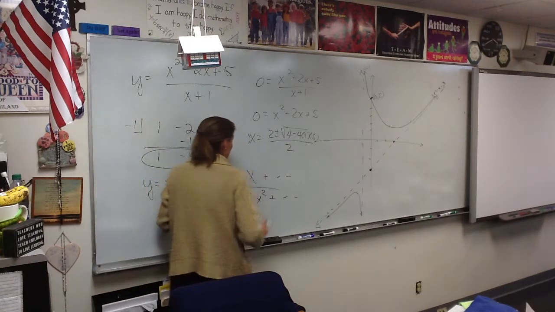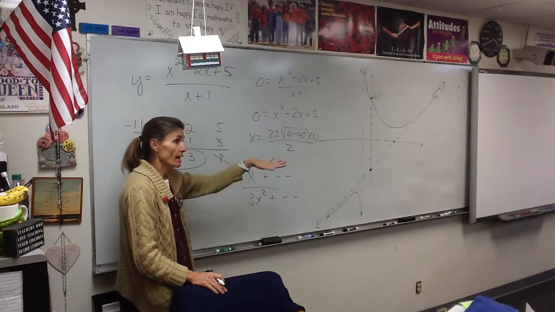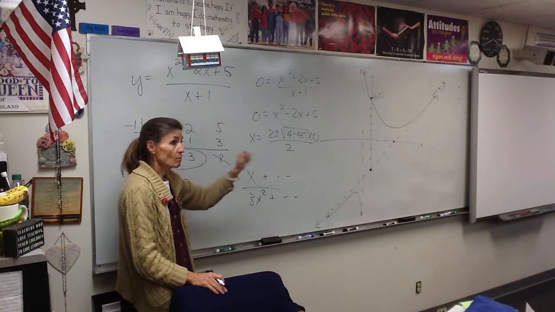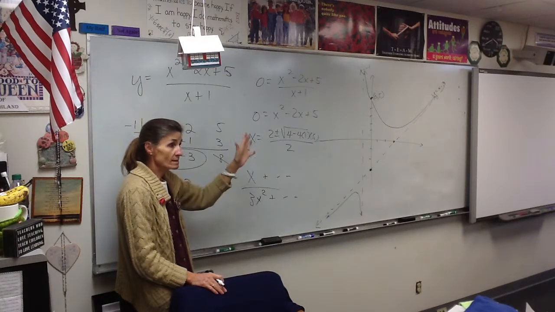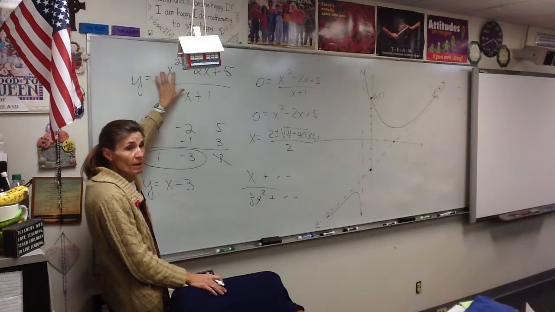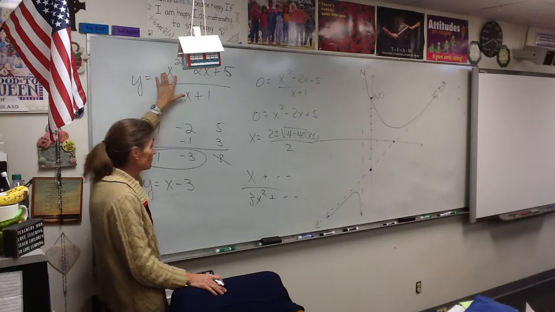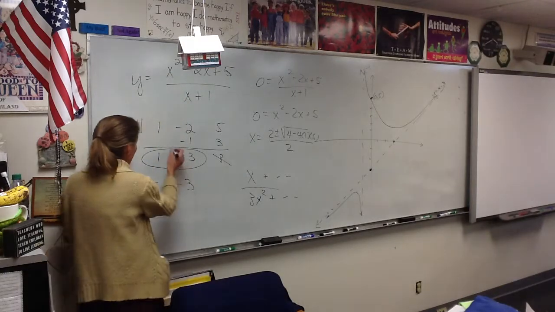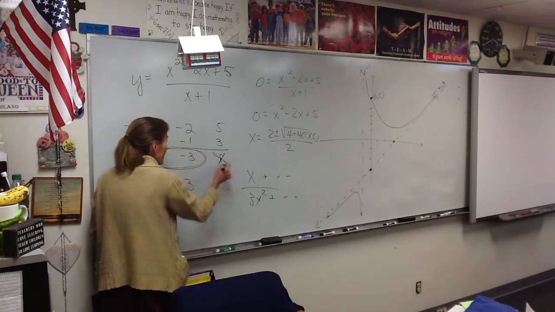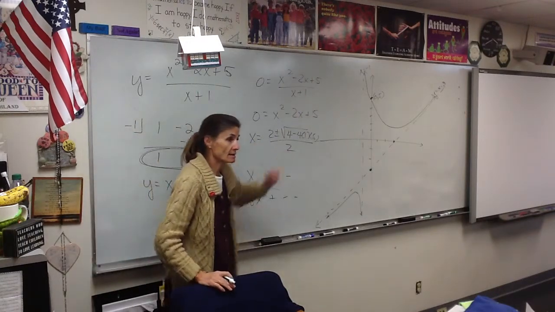If the power on the bottom is bigger, then you're going to have a horizontal asymptote at 0. Always. The only time there's no horizontal asymptote is when the power on top is bigger. And how do you handle it? You do a division, and the quotient, not the remainder, the quotient gives you your slant asymptote.